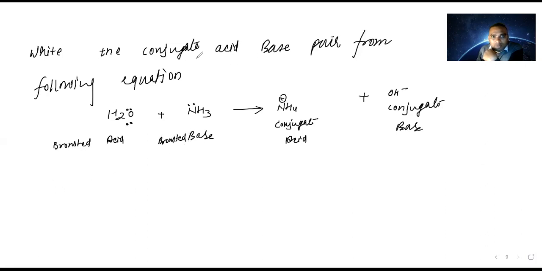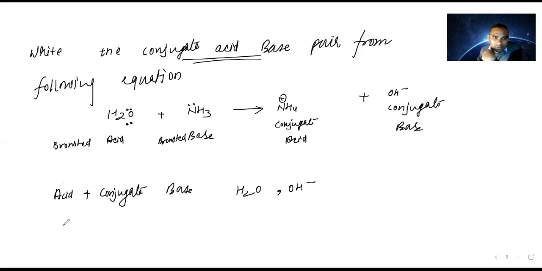Now they are asking for the acid-base pair. So how can you write? Acid and conjugate base. If you see, H2O is the acid and its conjugate base is what? OH minus. Yes or no? Yes.